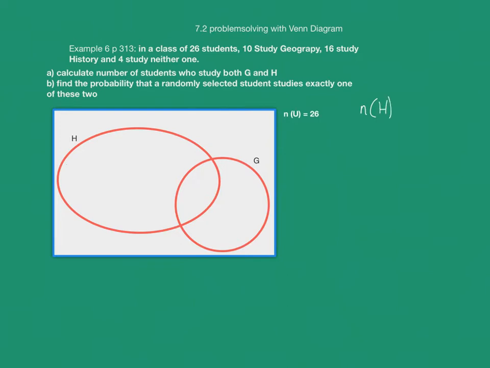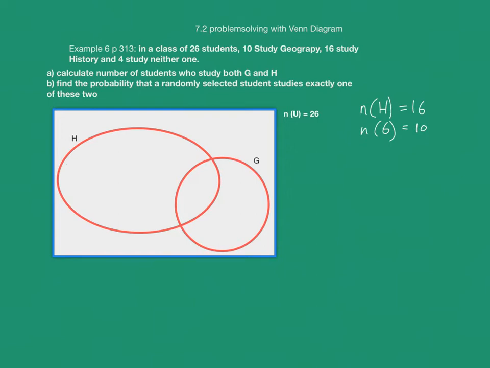We know that the number of students in the set called h for history is 16. We also know that the number of students in the geography set is 10. And then we know that there are 4 students who study neither one, and we also know that there are 26 students in the class, and that's what we've marked here. So the number of elements in the set U, the universal set, is 26.